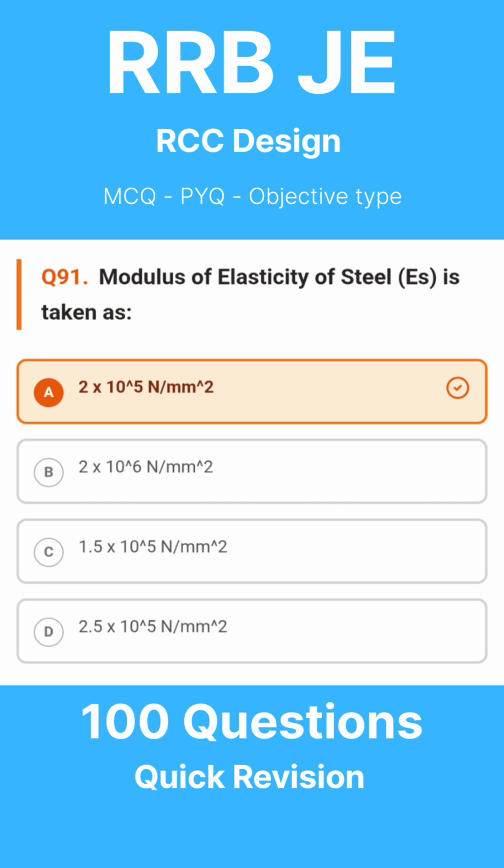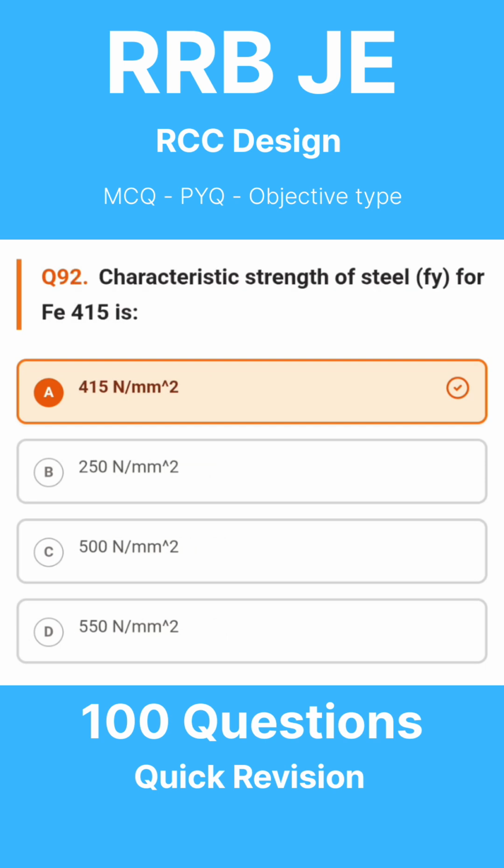Modulus of elasticity of steel Es is taken as. The correct answer is 2 x 10^5 N/mm². Question 92. Characteristic strength of steel fy for Fe 415 is. The correct answer is 415 N/mm².